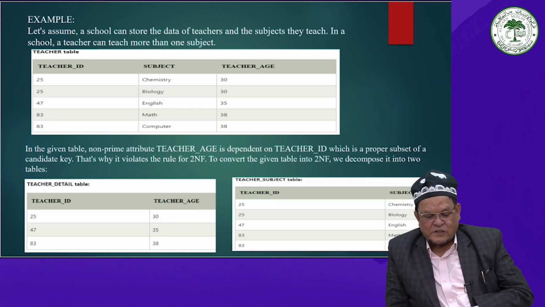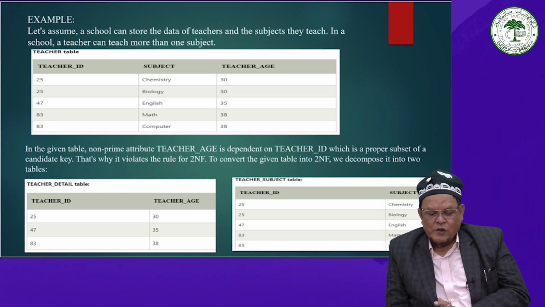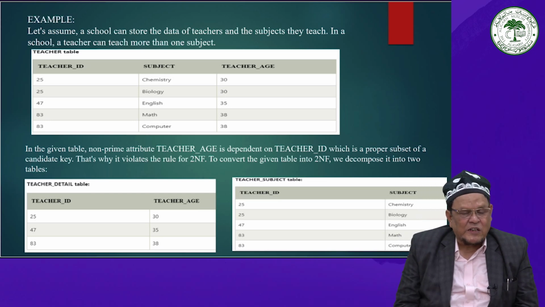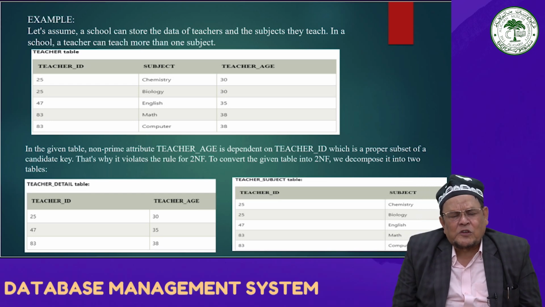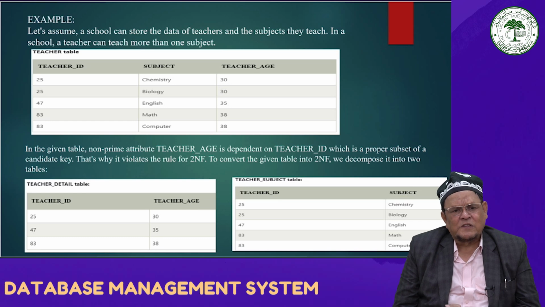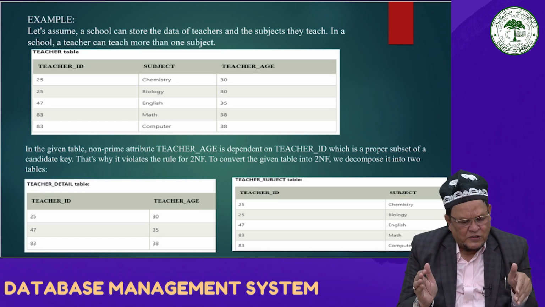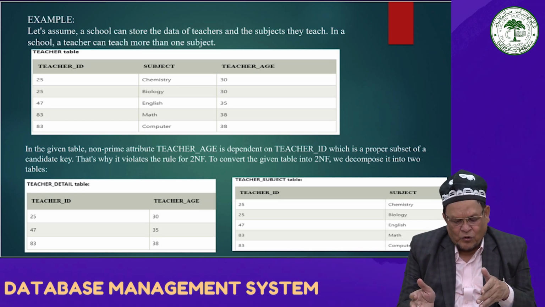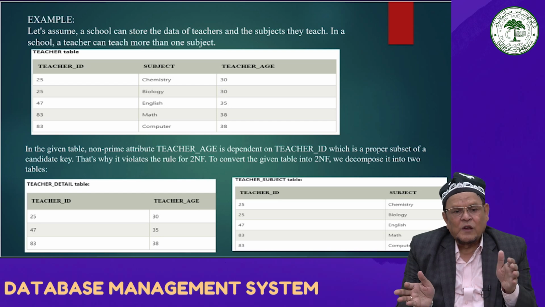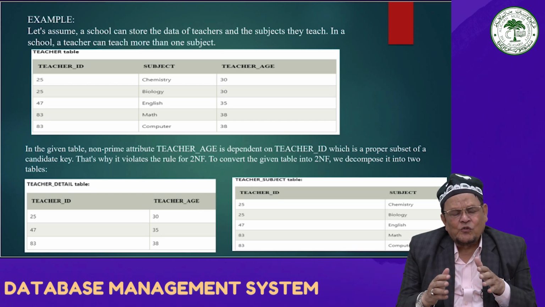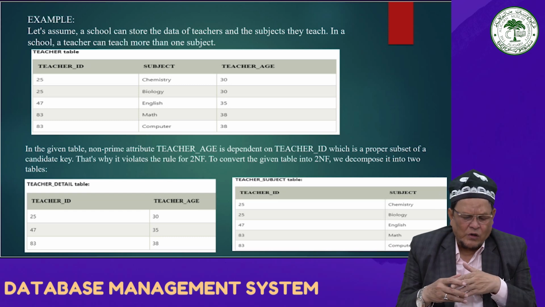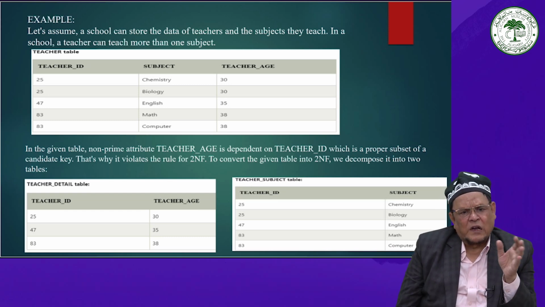To convert this table into 2NF, we have to decompose the relation in such a way that the decomposition must be lossless. It means after decomposition into teacher detail tables, suppose R1 and R2, when you join them, you are able to retrieve all the columns.